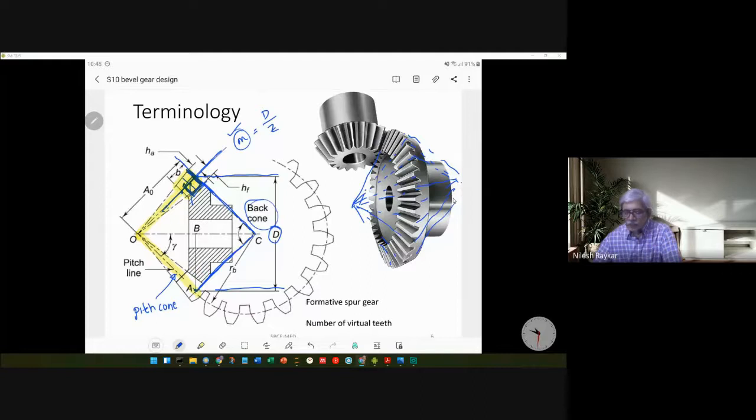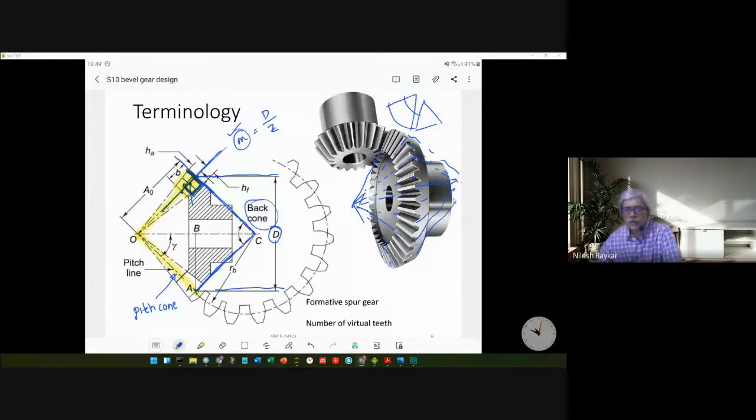If you imagine this as a cone and develop this conical surface, you will get a circular shape, and the radius of that circle would be equal to the slant height of the cone. So when you develop this particular back cone, you get a circle, and that circle radius is the pitch circle radius of the virtual gear.